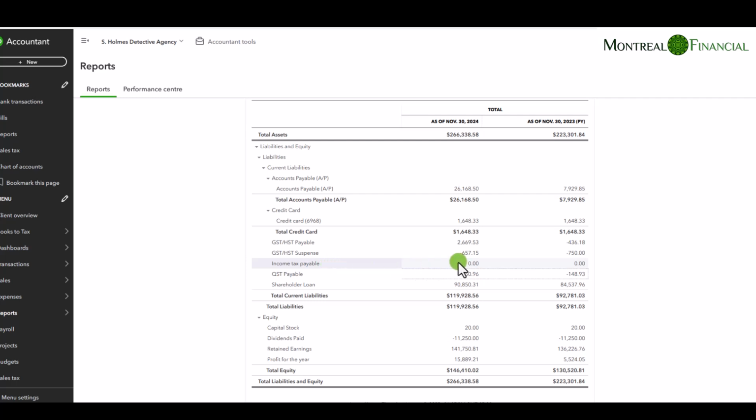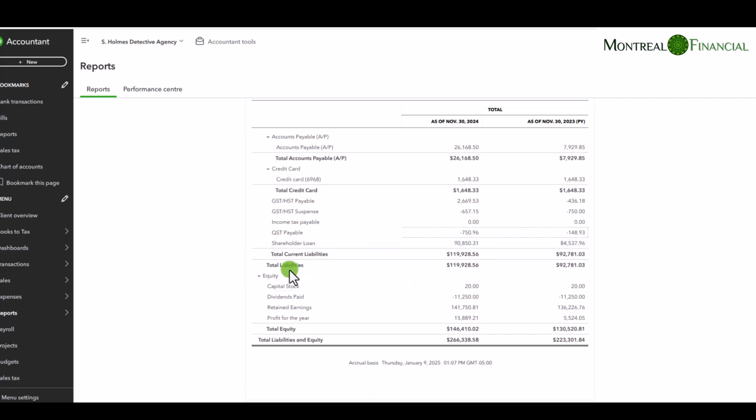This is especially relevant for corporations, and your shareholder loan, which is also for corporations. This is the amount that is owing to the shareholder or shareholders of the corporation. Then you have your total liabilities, and these are your current liabilities essentially as well. We don't have any long-term liabilities, but those would include things like loans payable and other types of long-term debt.